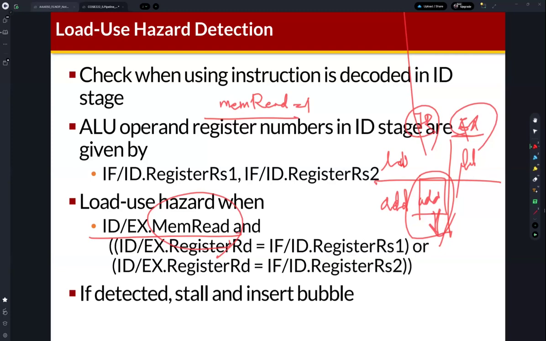So pipeline stall means that the instruction stays, right? For the normal cases, the instruction needs to be propagated to the next stage in the pipeline architecture, right? But in the pipeline stall case, an instruction is stalled. It means an instruction stays in a certain pipeline stage for one cycle.